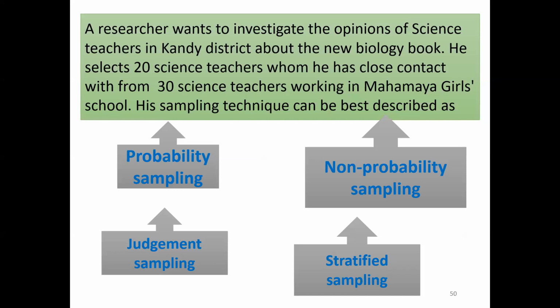A researcher wants to investigate the opinions of science teachers in Kandy district about the new biology book. He selects 20 science teachers whom he has close contact with from 30 science teachers working in Mamaya Girls School. This sampling technique can be best described as: probability sampling, non-probability convenience?